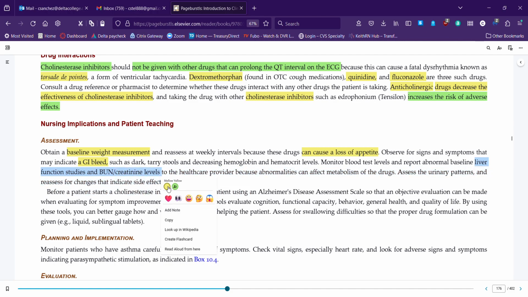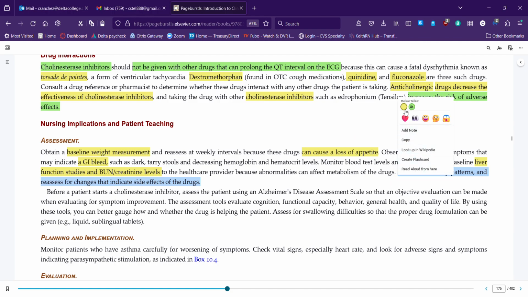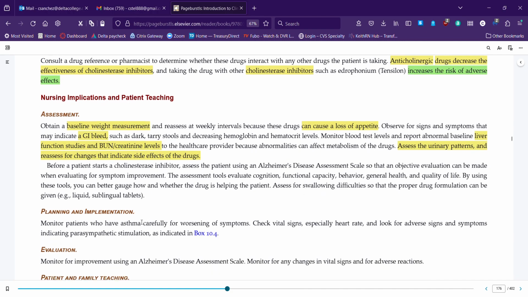You also want to monitor their baseline liver functions and BUN and creatinine levels to make sure that the drug is being metabolized correctly. You also want to assess the urinary patterns. You want to make sure and reassess any changes that may indicate side effects of the drug. Because remember, it said that the drug could increase incontinence or urinary retention. So we want to be monitoring their urinary patterns.